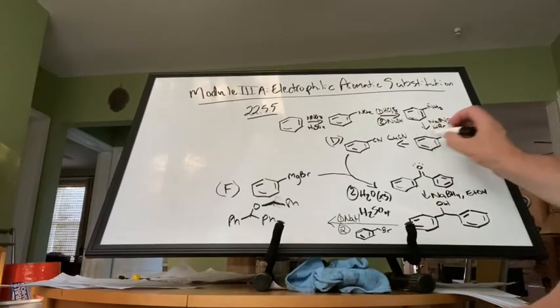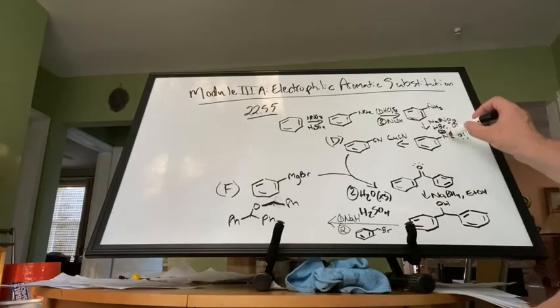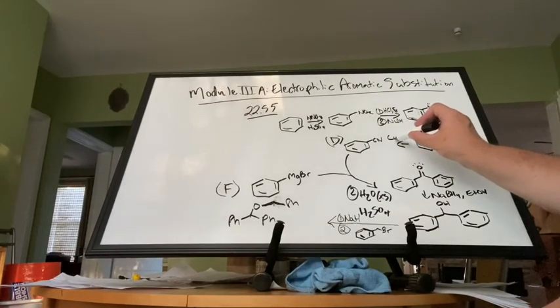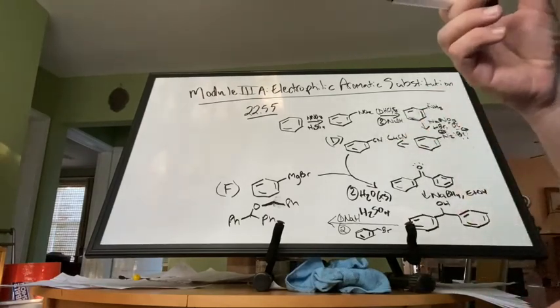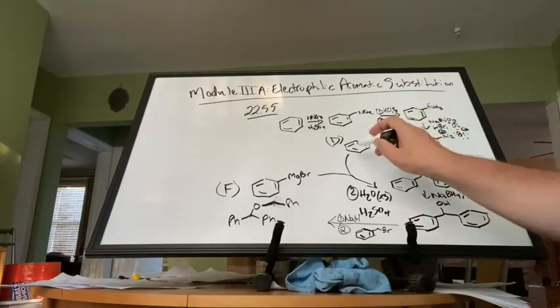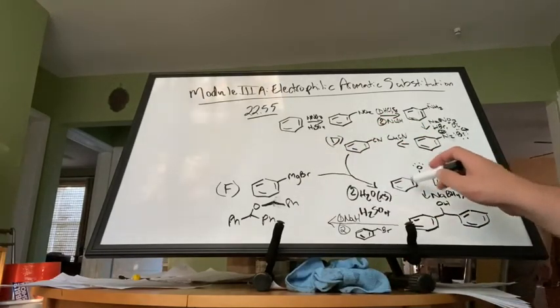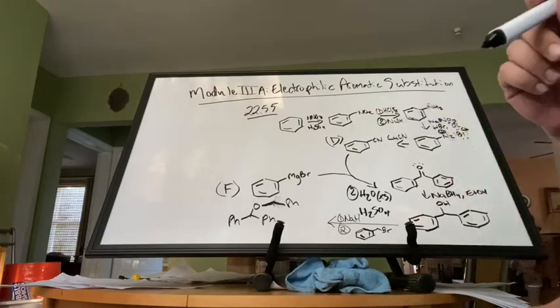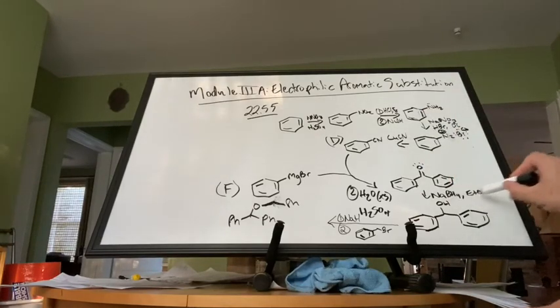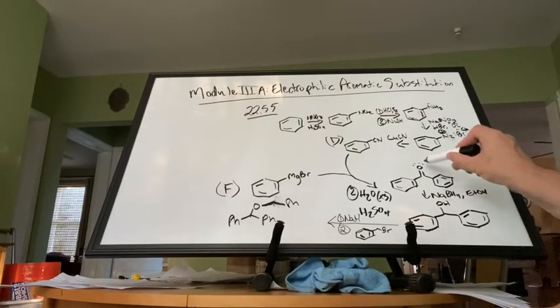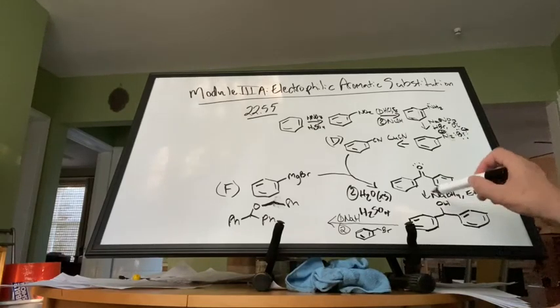Reacting this with copper cyanide is going to give you benzene nitrile. Reacting that with a Grignard reagent, you're going to get a ketone, diphenyl ketone here. This is going to be a reducing agent to reduce that ketone down to an alcohol.